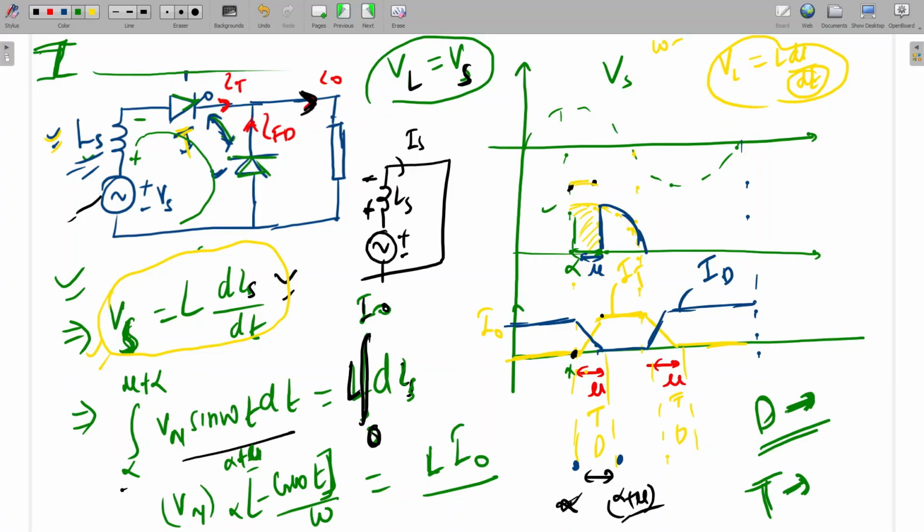I have already drawn it here. Let's say alpha is equal to 60 degree and mu is equal to 5 degree. So what will be the conduction angle of diode?